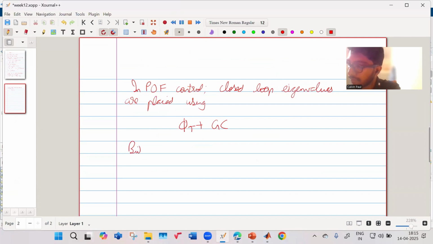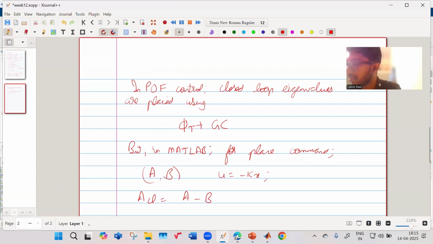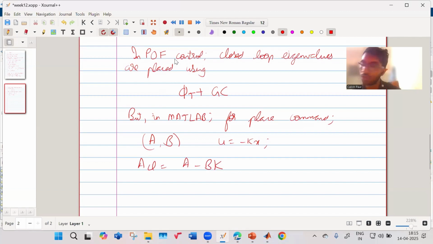But in MATLAB, for the place command, what do we use? A and B. Considering u equal to minus Kx, we get the closed loop matrix A minus BK.